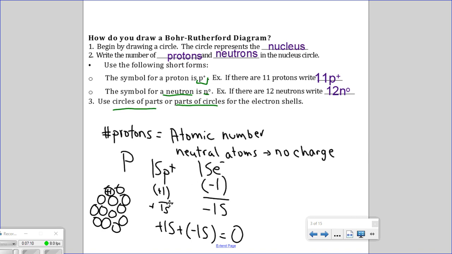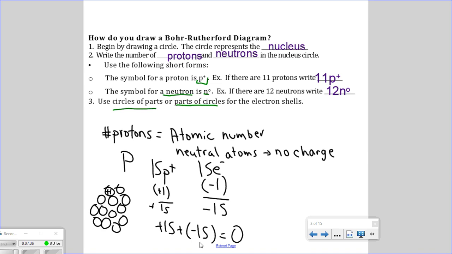So in total, there will be 15 positive charges in that atom, and 15 negative charges in the form of electrons. And then, if you have plus 15 plus negative 15, the sum of those charges is going to be 0. And this is what makes that atom neutral.